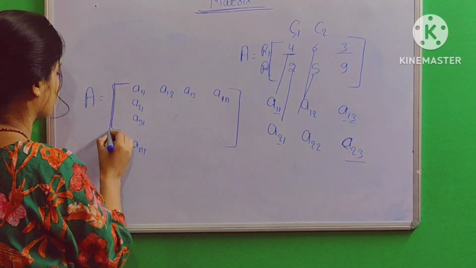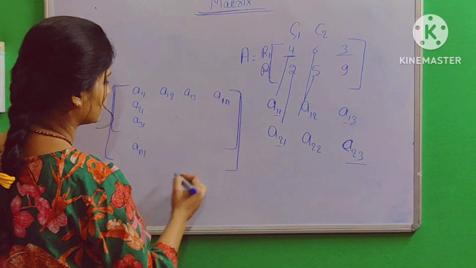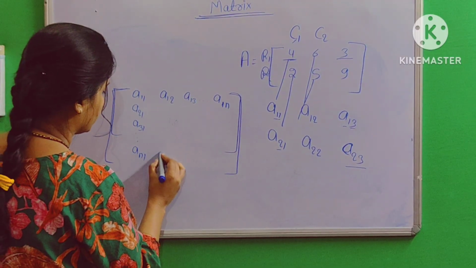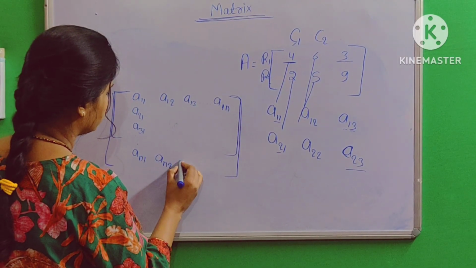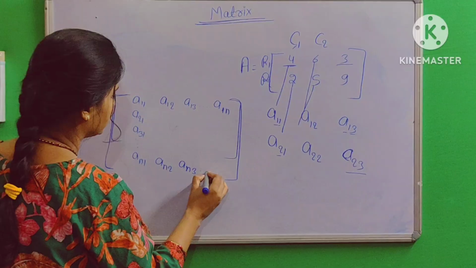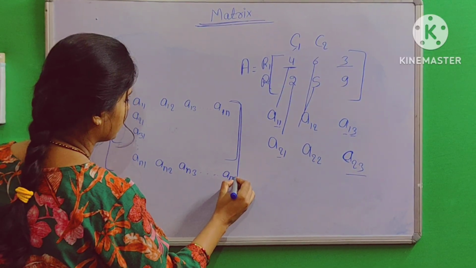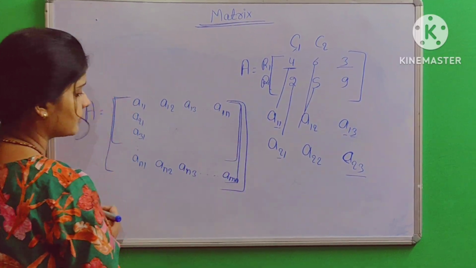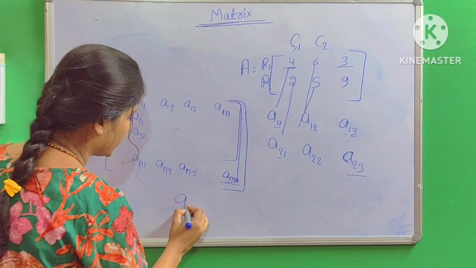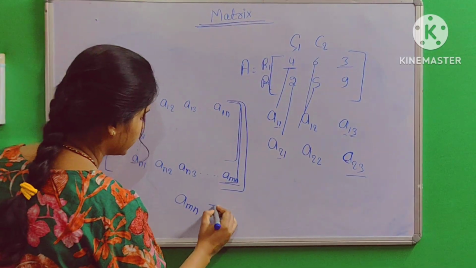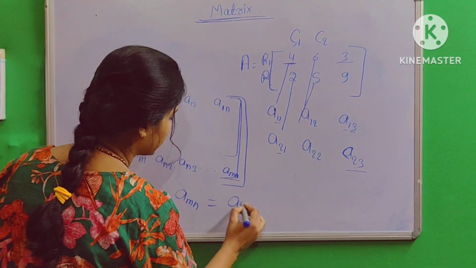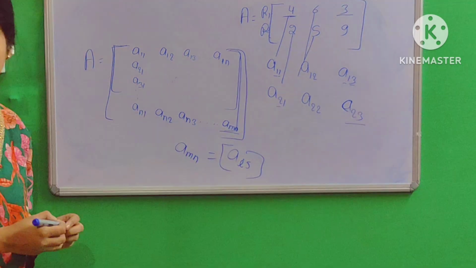Okay. An2, An3, and so on, Amn. It means this is Amn, otherwise we can write Aij. Okay?